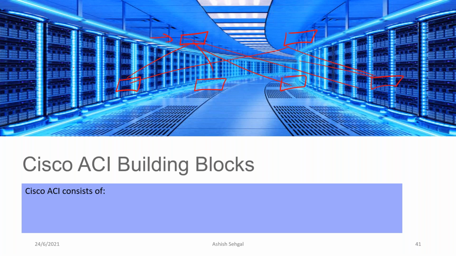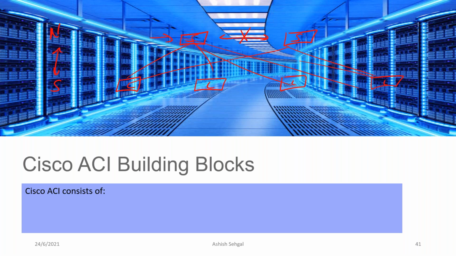Spine, spine, leaf, leaf, leaf, and leaf. The connectivity is north to south, right? If you expect lateral connectivity, east to west, that is not possible. That's what we discussed.